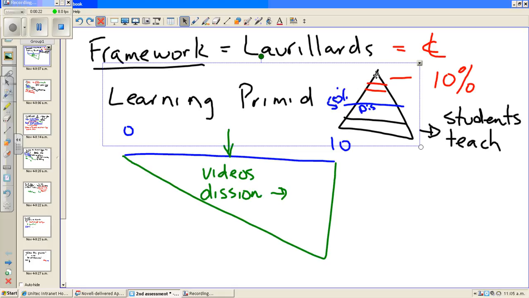When you discuss it in class, it's 50%, and down the bottom here, when the students are actually teaching, then we're getting about 80% of what's taken in. So we're looking at it like this as a description. Here, there's not much learning happening, and over here, a lot is happening. At the moment, you're looking at doing videos, but you're moving more into discussion, which is very similar to Laurillard's conversational framework.